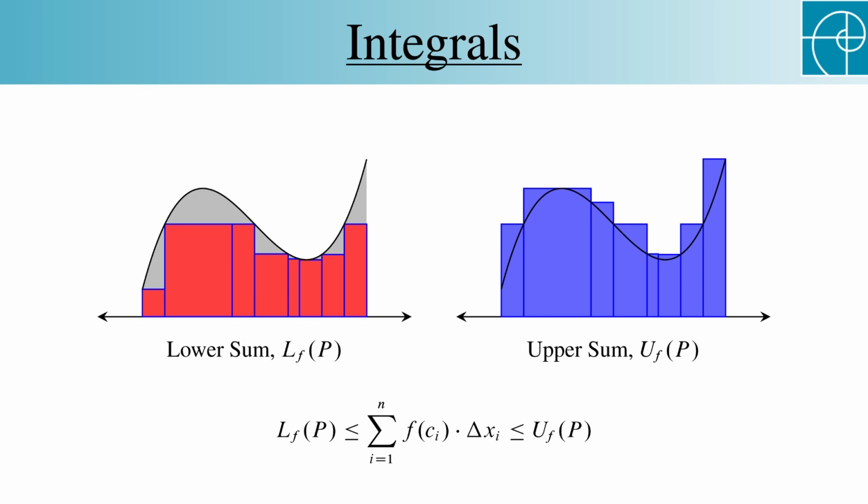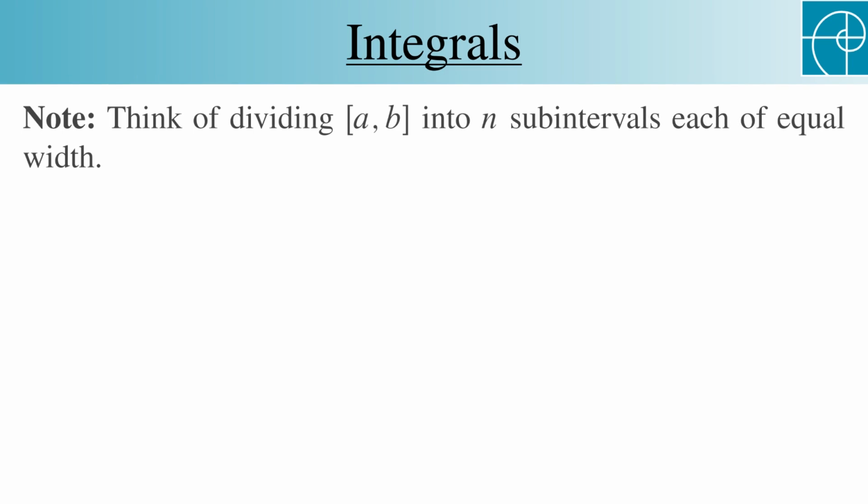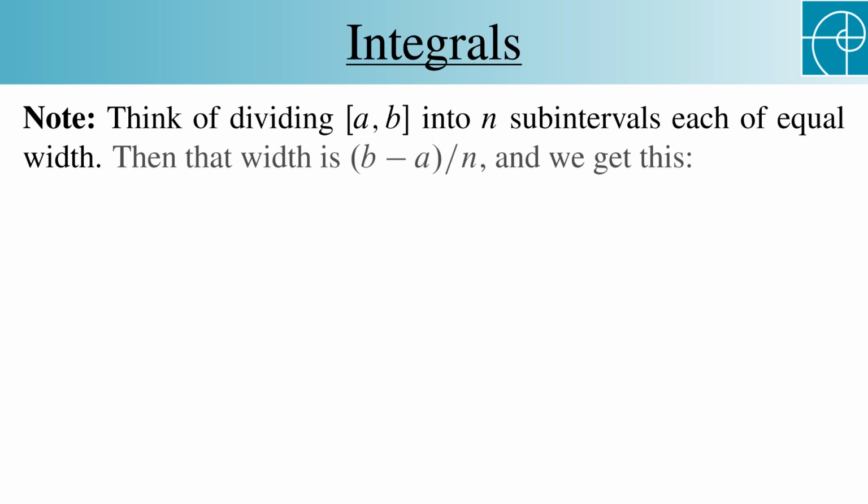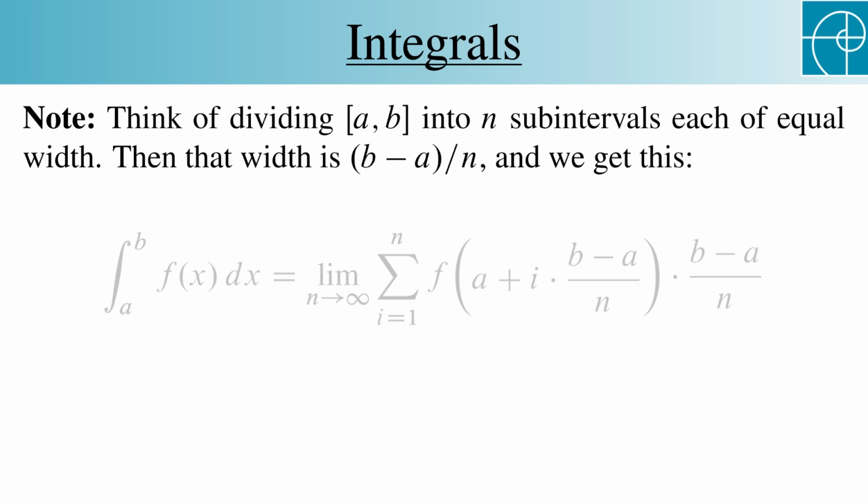Usually the simplest option is to divide the interval into equally sized subintervals and use endpoints to determine the heights of the rectangles. Think of dividing the interval [a,b] into n subintervals of equal width. Since [a,b] has width b minus a, this means that the subintervals all have width b minus a over n. So we get this.